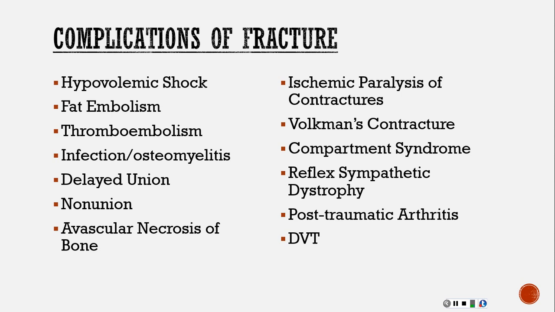It's a classic sign. It will almost always occur, but it's a later sign. And that's fat and thromboembolism. When you've got the emboli that's moved, those are the signs that you'll see.